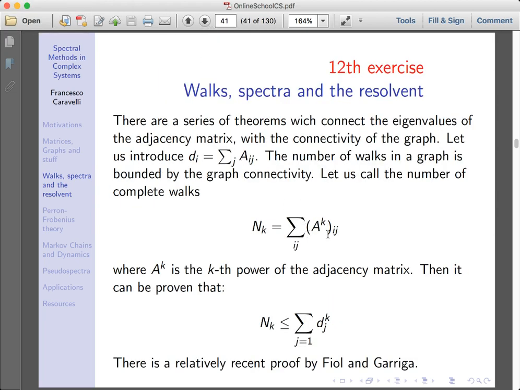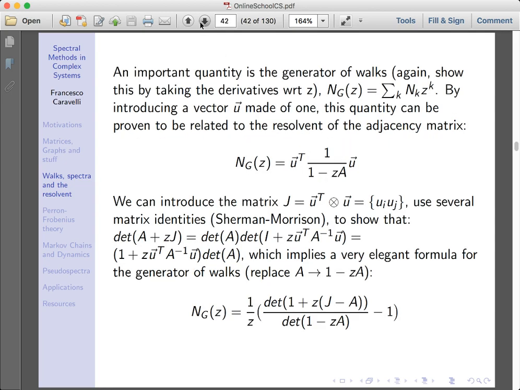In fact, if you Taylor expand 1 divided by 1 minus x, this would be an infinite sum, the sum over x to the k, pretty much. And the same is true for a matrix. In fact, you can show that the generator of random walks is given by the resolvent of the adjacency matrix.